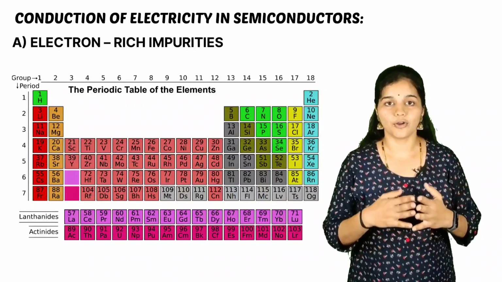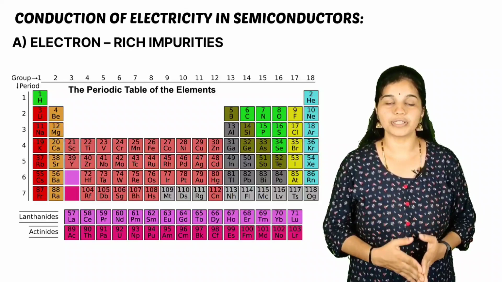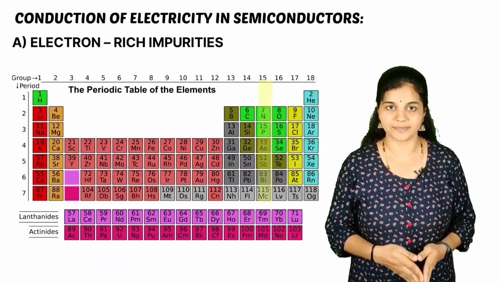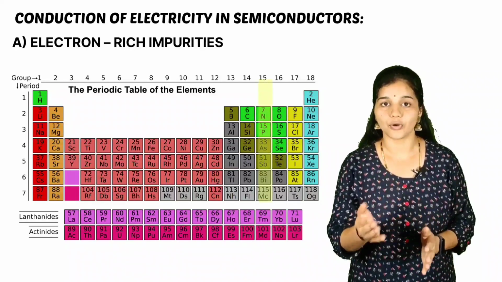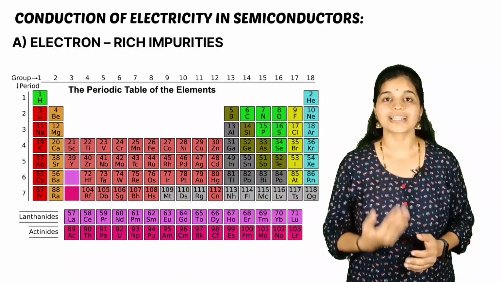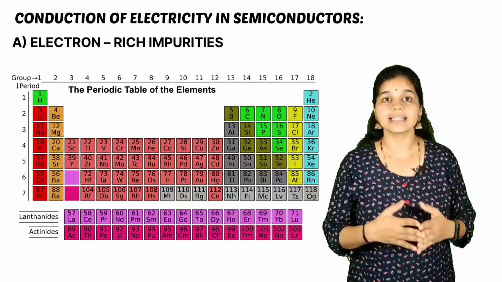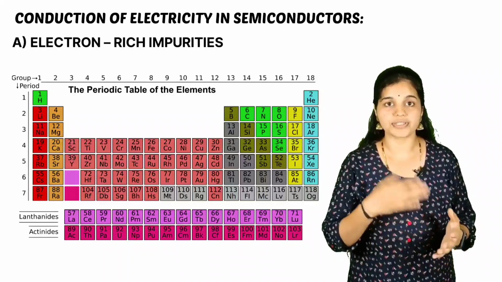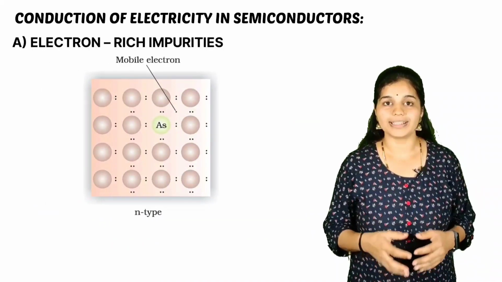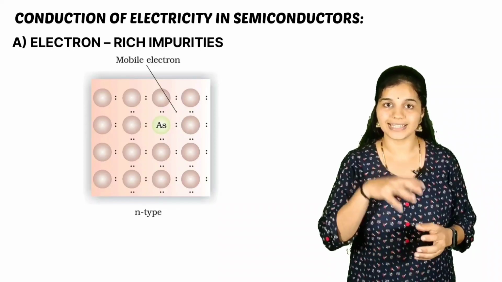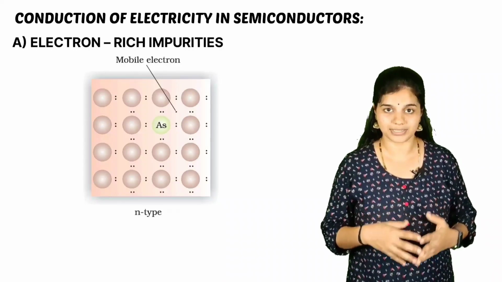When silicon or germanium is doped with group 15 elements like phosphorus or arsenic, which contain 5 valence electrons, these impurities occupy some of the lattice sites in the crystal.